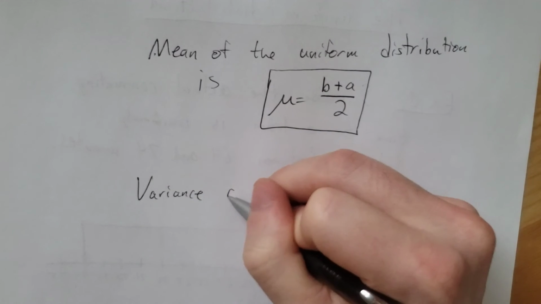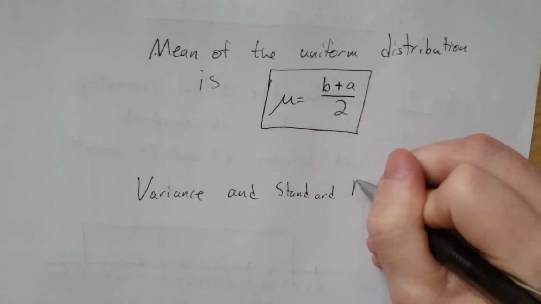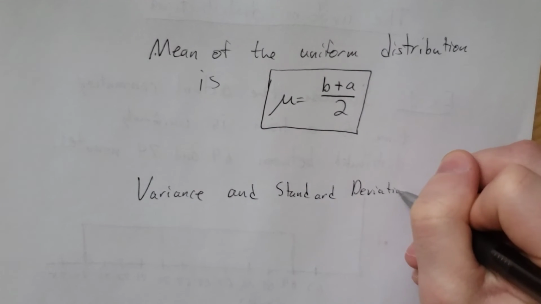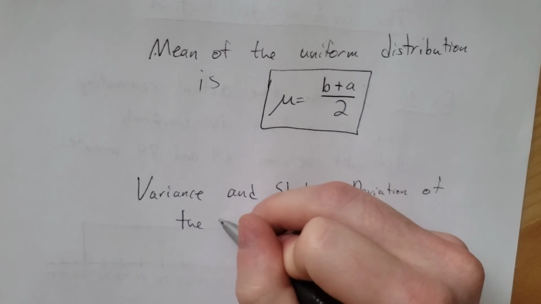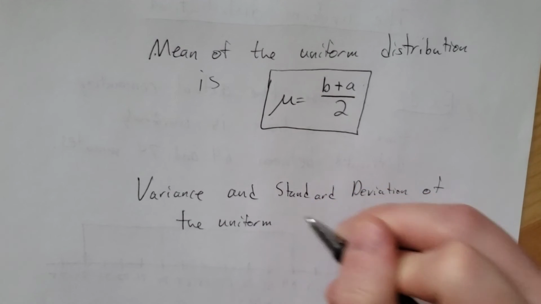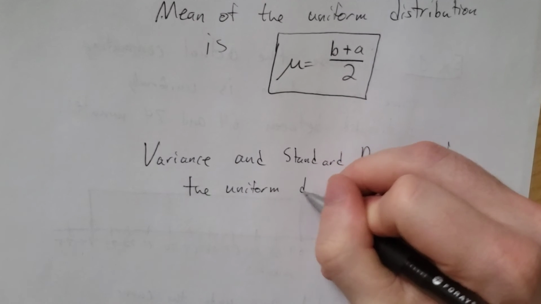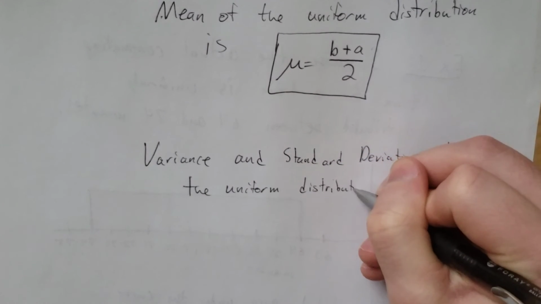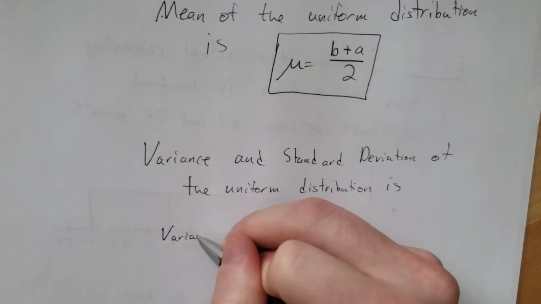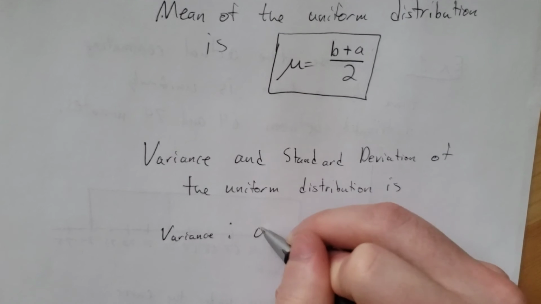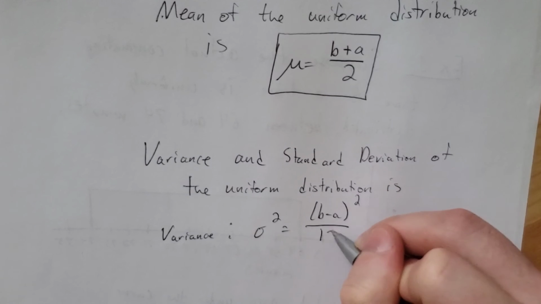Then the variance and standard deviation. This one is less intuitive. I'm not going to talk about why it is this way. But the variance of the uniform distribution is sigma squared, which is b minus a squared divided by 12.